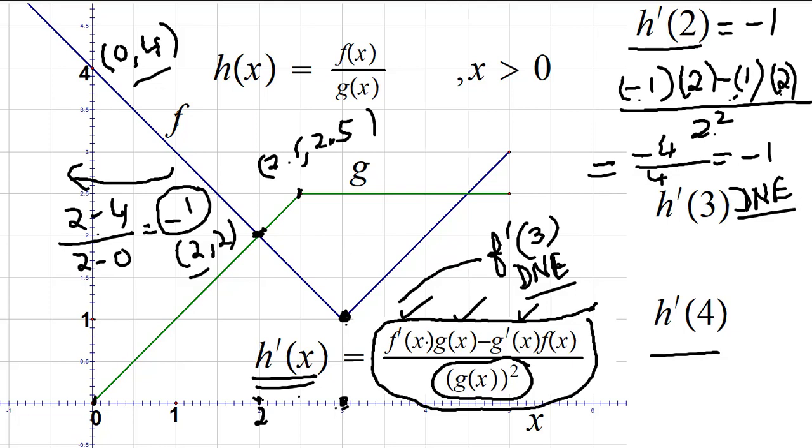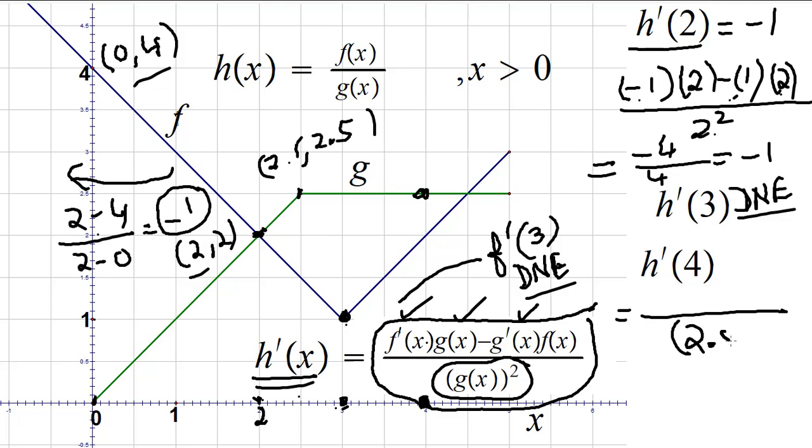Now when we go for h prime at 4, let's repeat the process again, and we are almost done. Downstairs we have the same thing: the value of g at 4. So 4 is right here. The value at 4 is 2.5, so we will have 2.5 squared here.